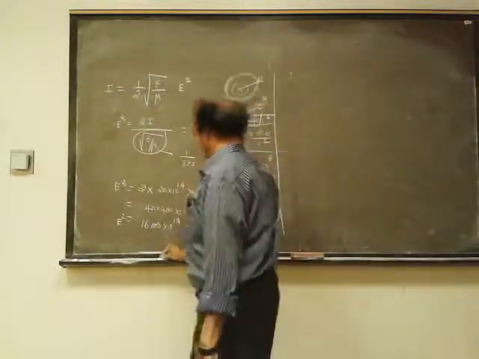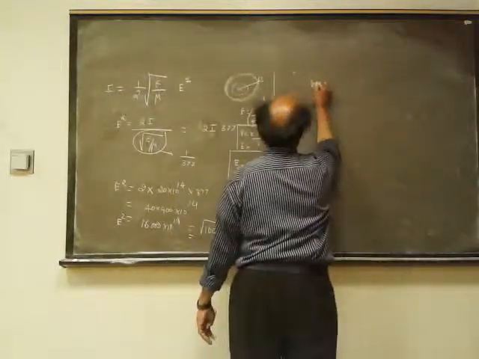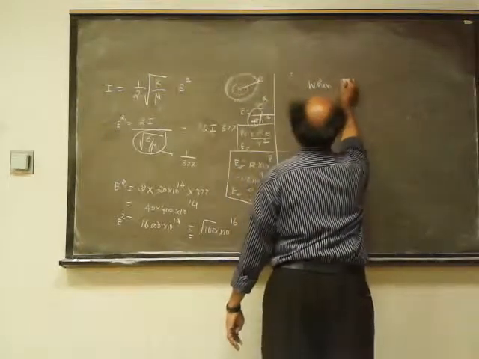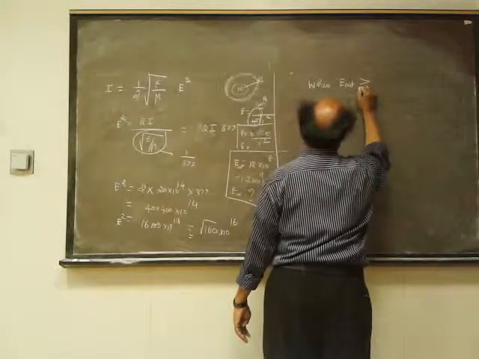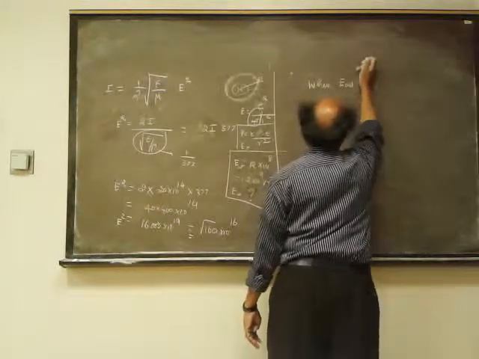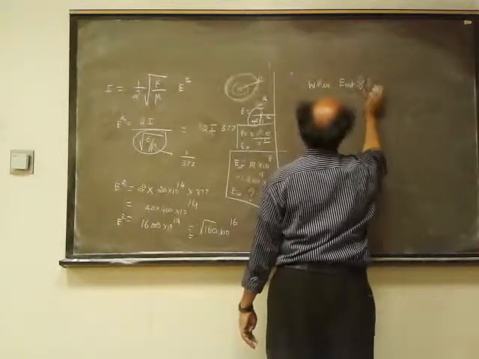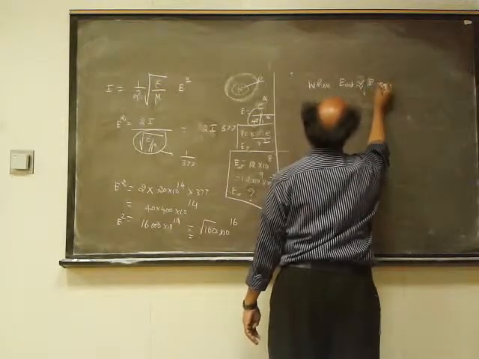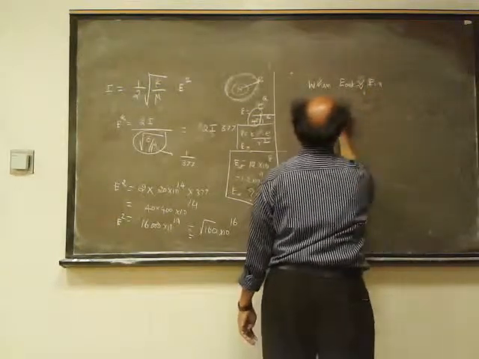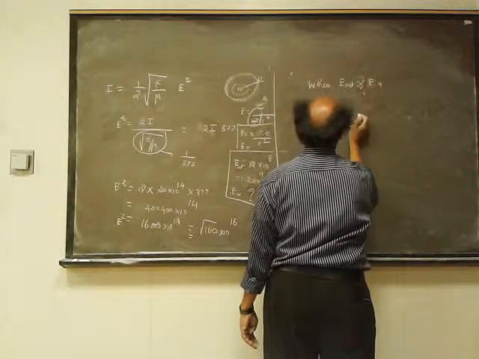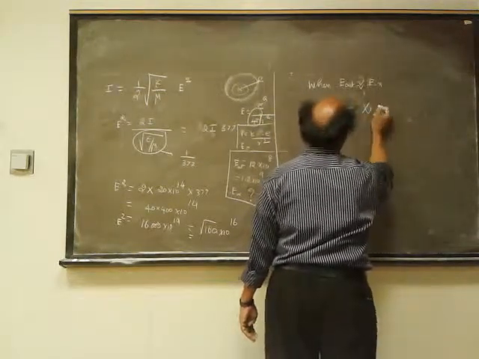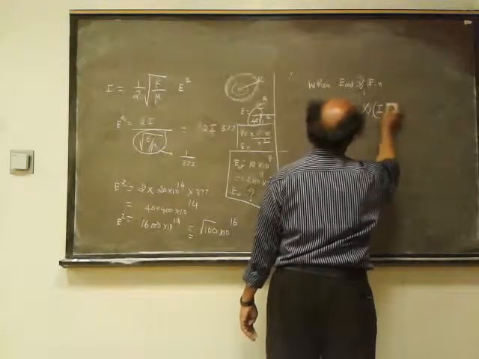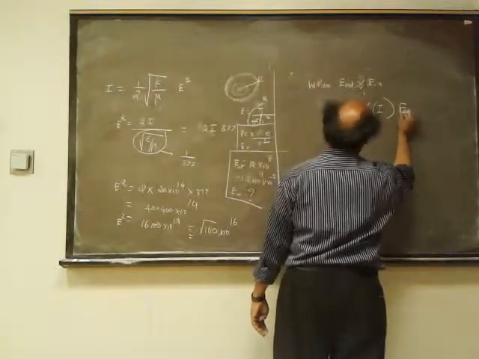Now, when E out is bigger than or comparable to E in, P equals chi, which is a function of intensity, times epsilon. You see the point?